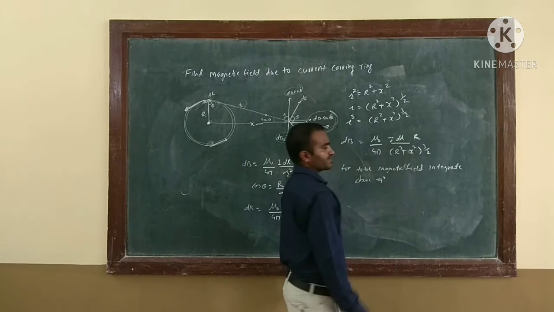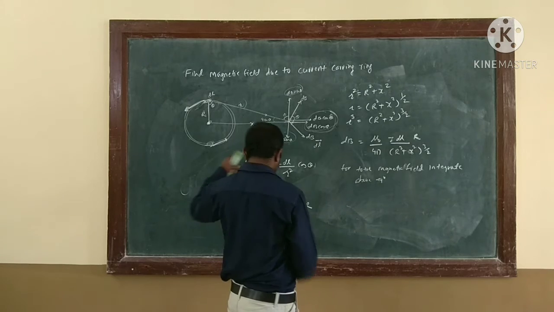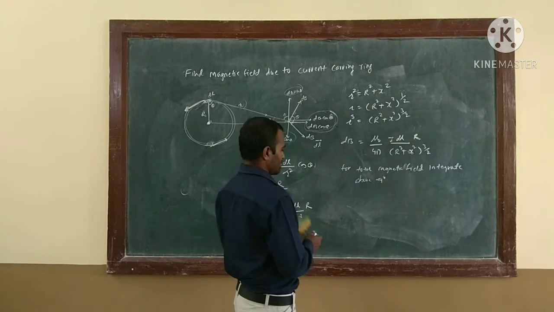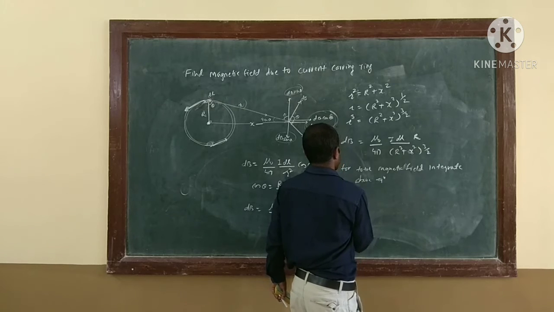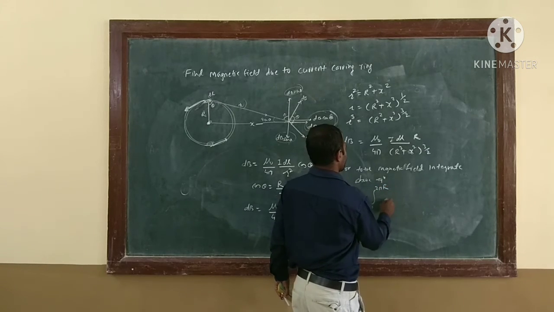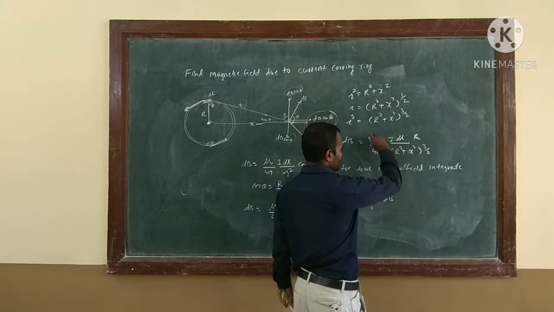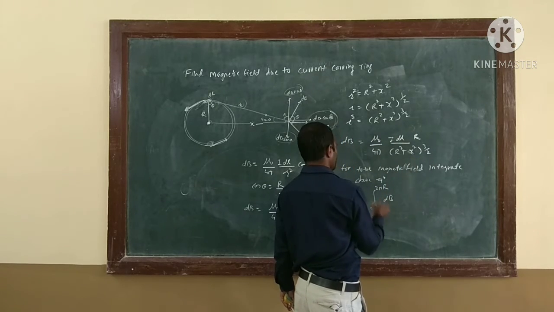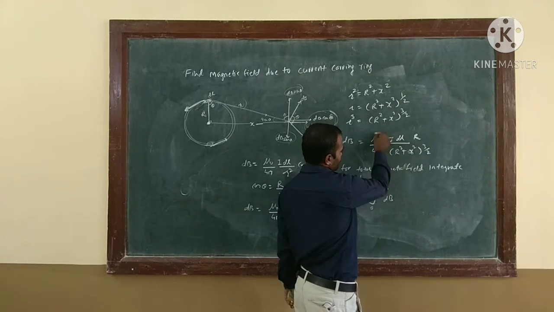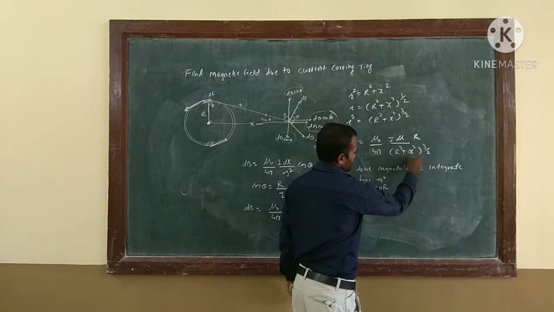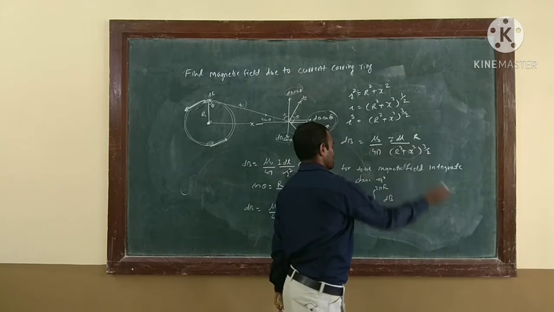From which limit to which limit? For the whole circumference the total length will be 2 pi r. So integrate dB from 0 to 2 pi r. Substitute this whole dB in this equation. You can see mu 0, 4 pi, I, x, and R are all constant, so you can take them out.